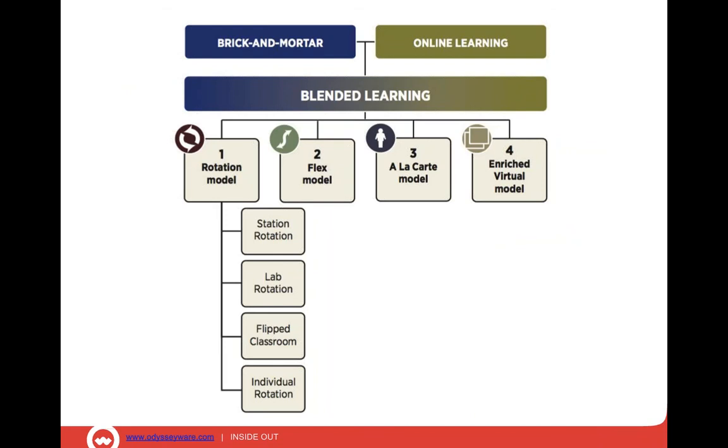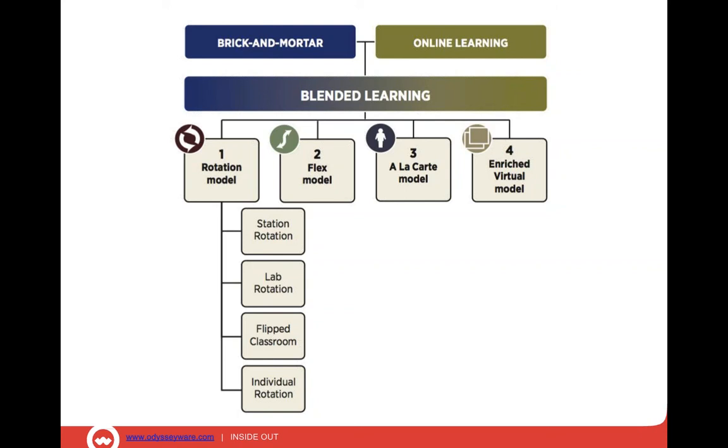And again, as we look at the different types of blended learning, there may be some on here that you actually recognize. One in particular that is very popular is the flipped classroom. Many people have written books and done whole sessions around how to flip your classroom. But really a flipped classroom is just one subset of the rotation model.